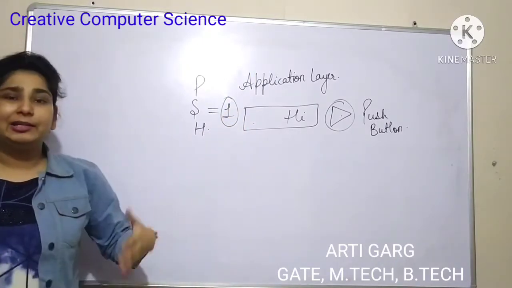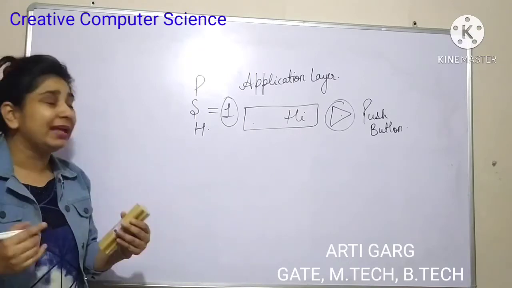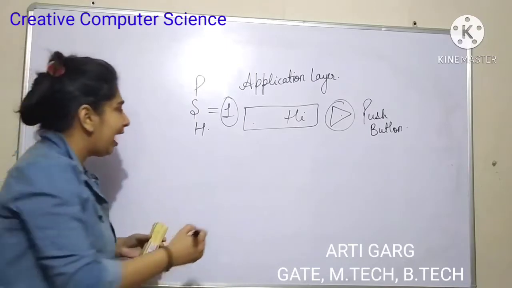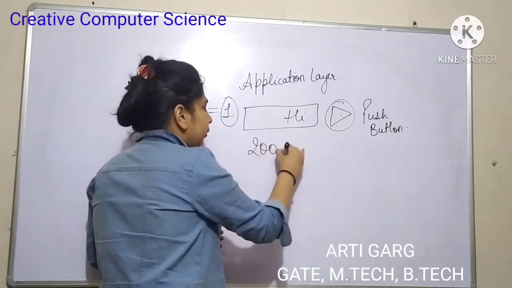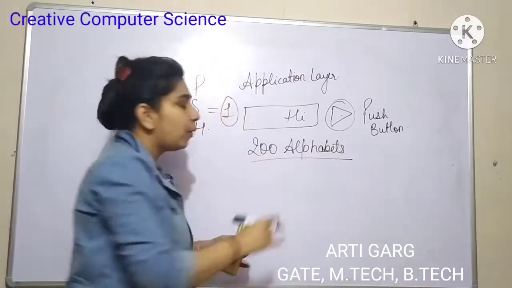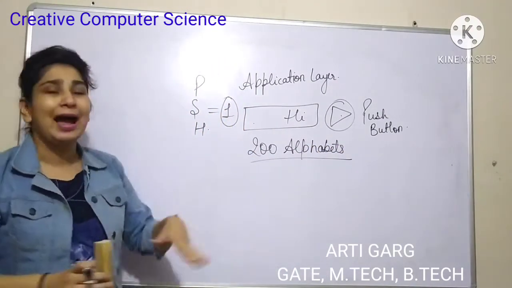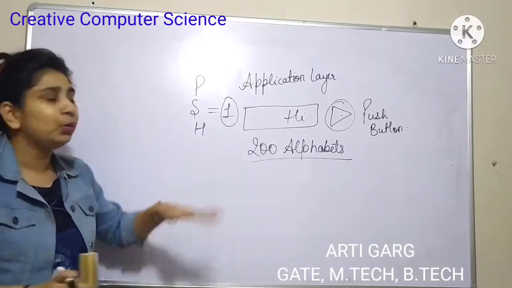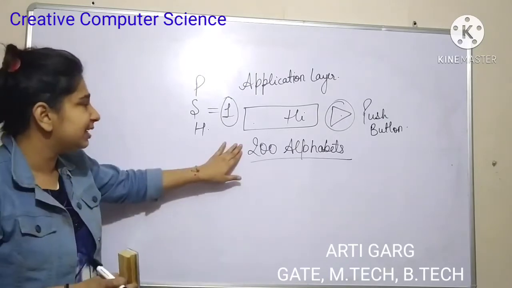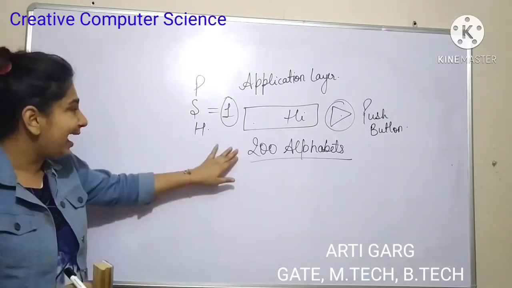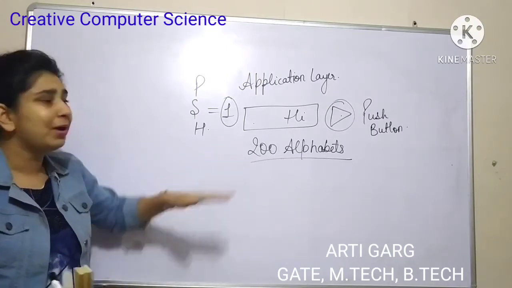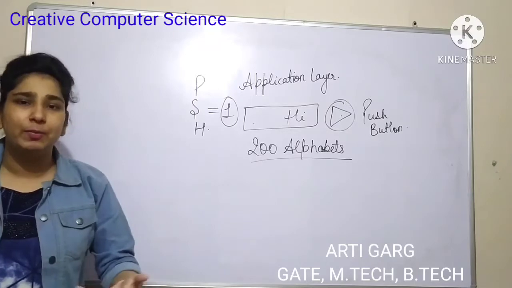Completely filling means, suppose there is a restriction that you can't send your message unless you write 200 alphabets. That is a kind of restriction. You are bounded. Unless you have 200 alphabets, you can't send your message.